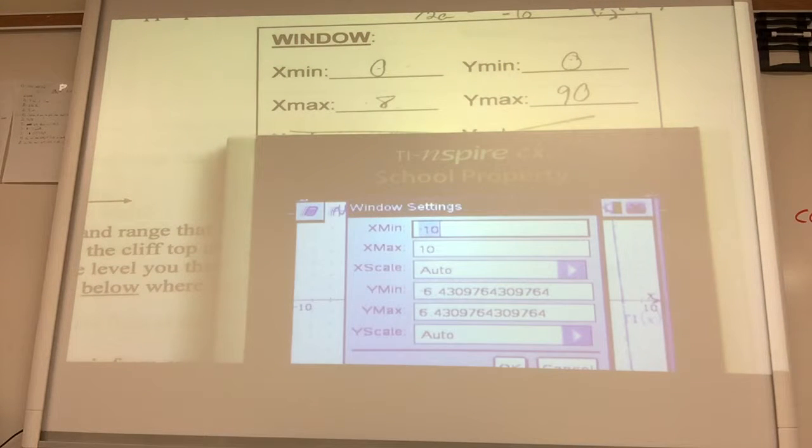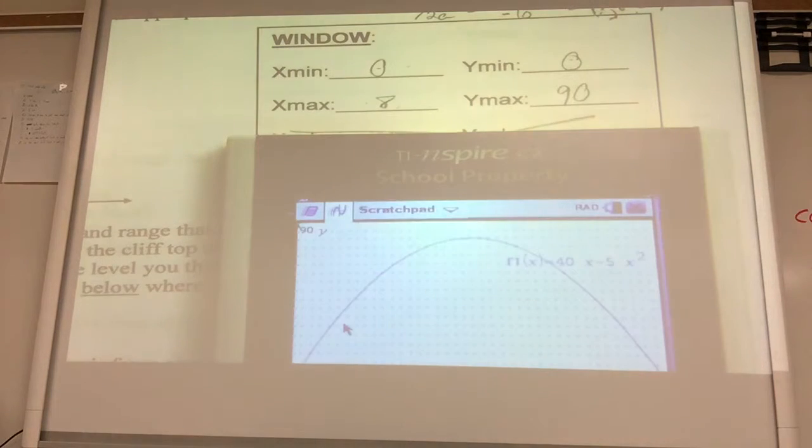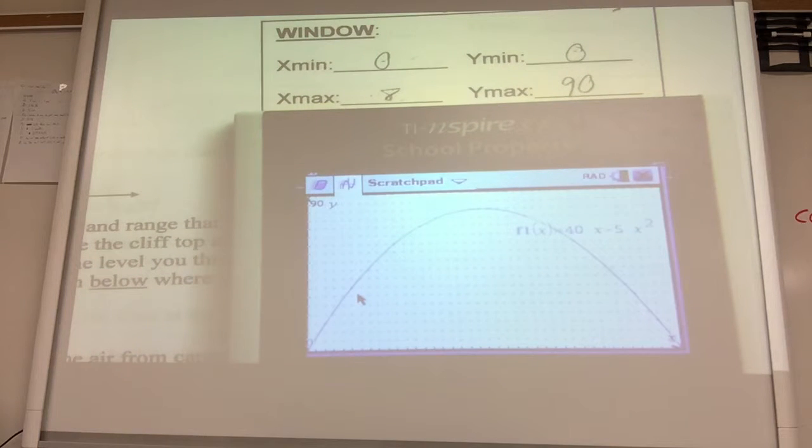I don't want to see anything but from 0 to 8. And for the y, I want to go from 0 to 90. Remember, 90 is about 10 feet above the max height of this rock flying. But now we have a really good view of our quadratic to answer questions with.